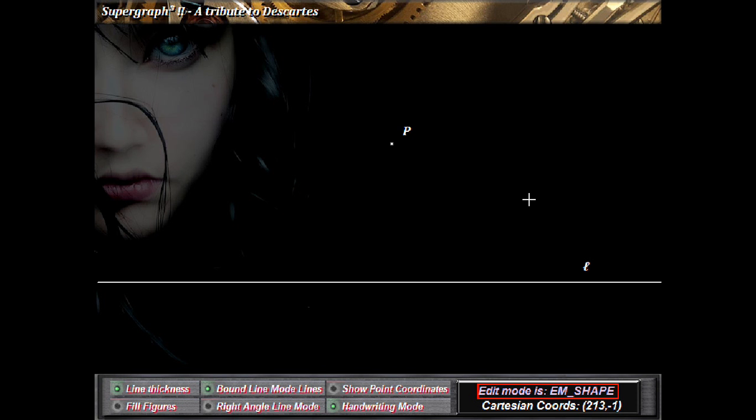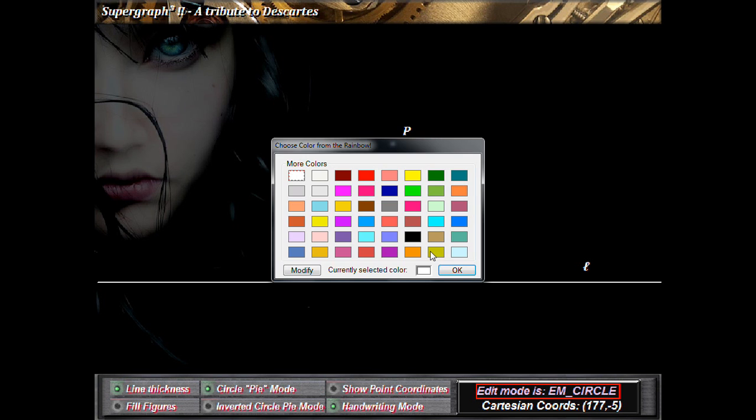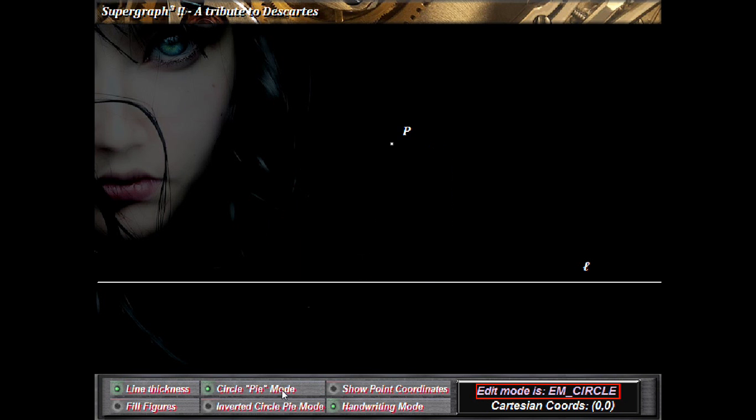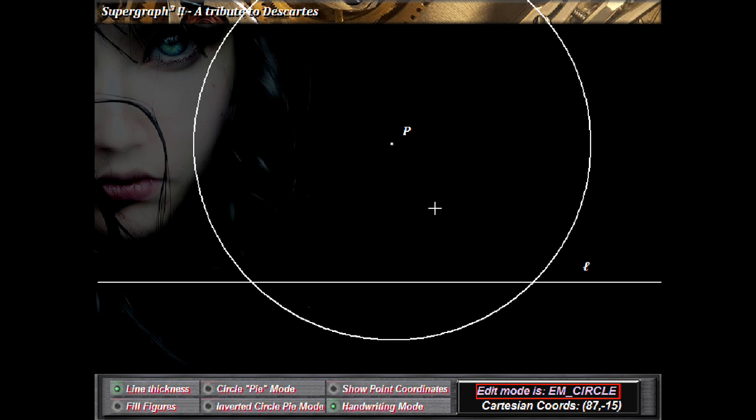If we now draw a circle, I could use a pi, or I could use a full circle. Take this point and extend to any distance beyond the line. Whatever, it doesn't matter. It may or may not indicate a radius.